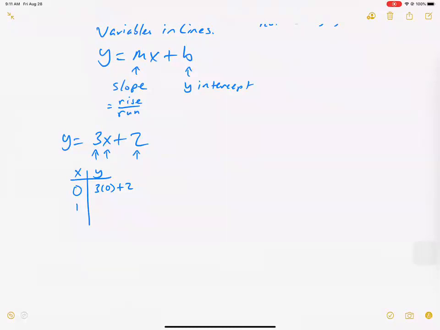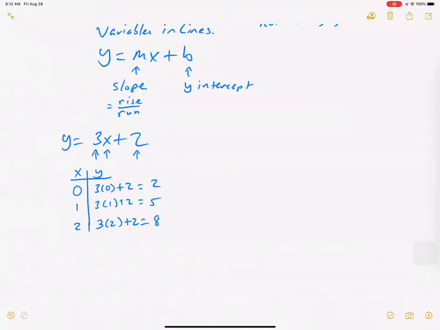We can plug in 1. 3 times 1 plus 2. 3 plus 2 is 5. Now let's plug in 2. 3 times 2 plus 2 is 6 plus 2 is 8.